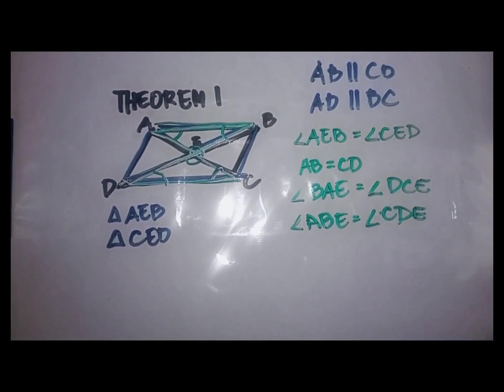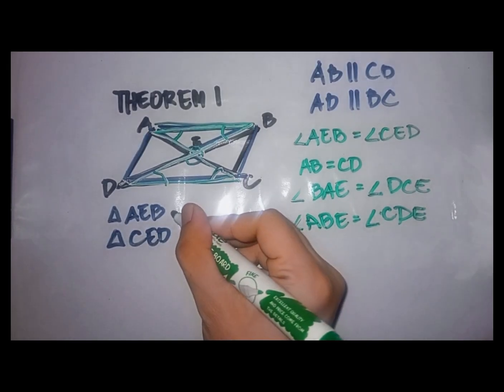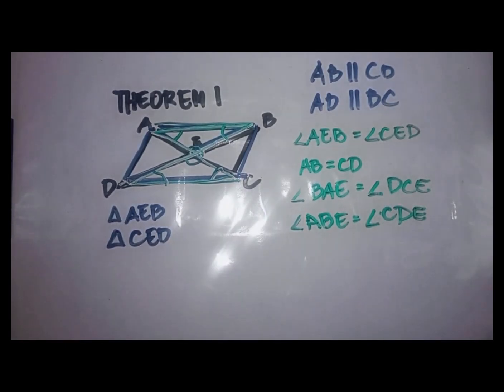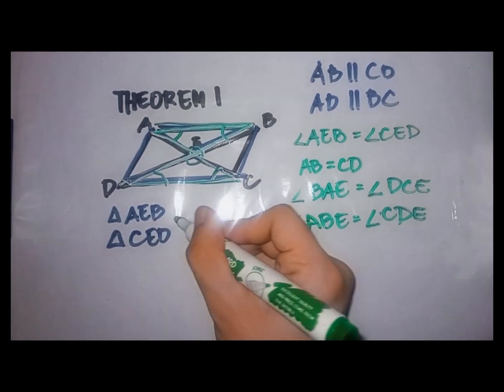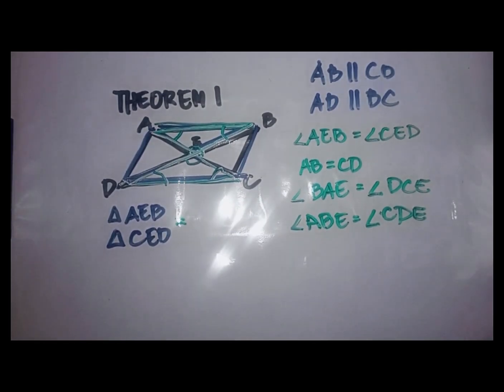So by ASA or angle-side-angle congruence, triangle AEB is congruent to triangle CED. Therefore AE is equal to CE and BE is equal to ED.